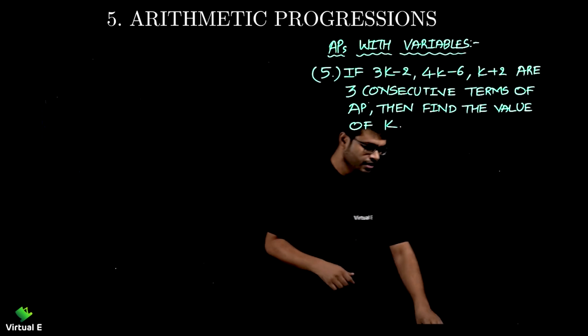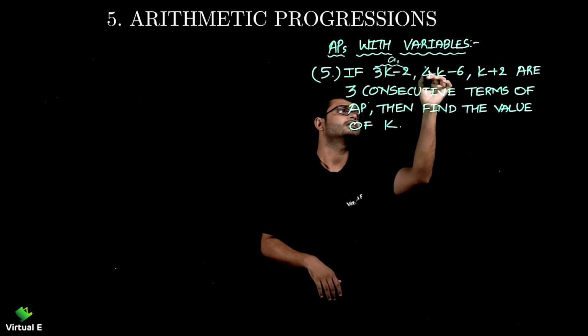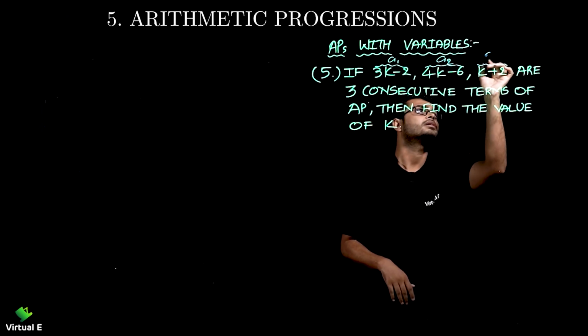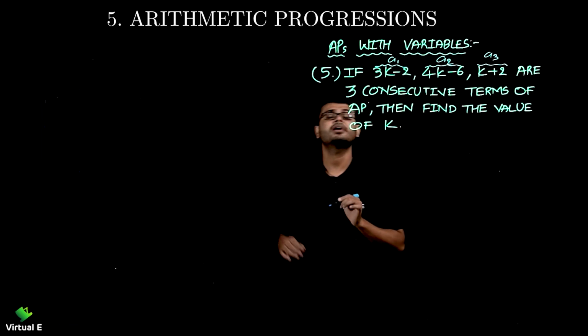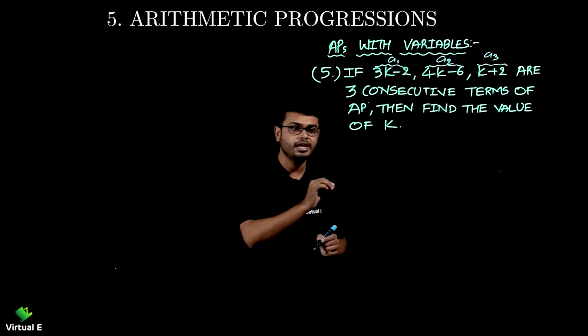So let's do it. First of all, let's name. This is A1, this is A2, and this is A3. Why have I given the name A1, A2, A3? It is given that these three terms are in AP.